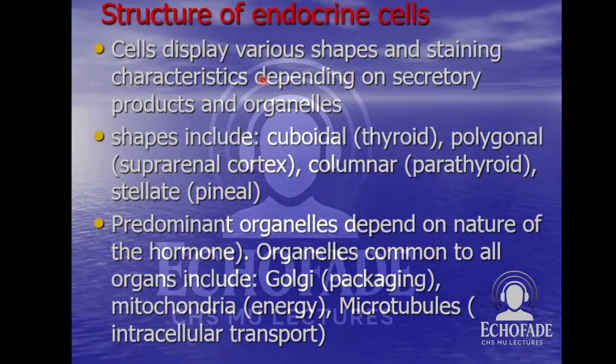They are of different shapes. We have talked about polygonal cells. Some of them appear cuboidal, like in the thyroid gland. They are polygonal, like in the suprarenal gland. Most of the steroid producing cells are polygonal. They could be columnar, like in the parathyroid gland, or stellate in shape, as we see in the pineal gland, where the cell has several processes and produces melatonin.